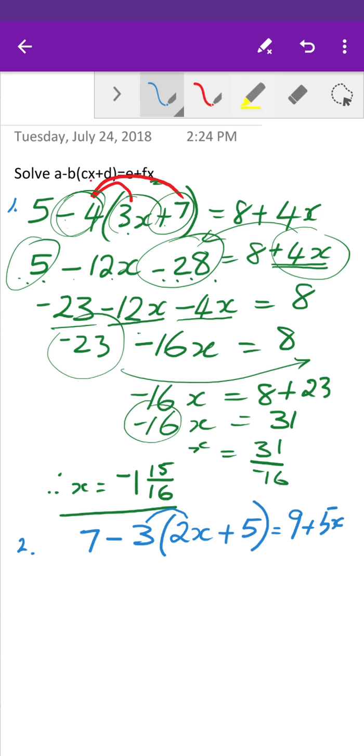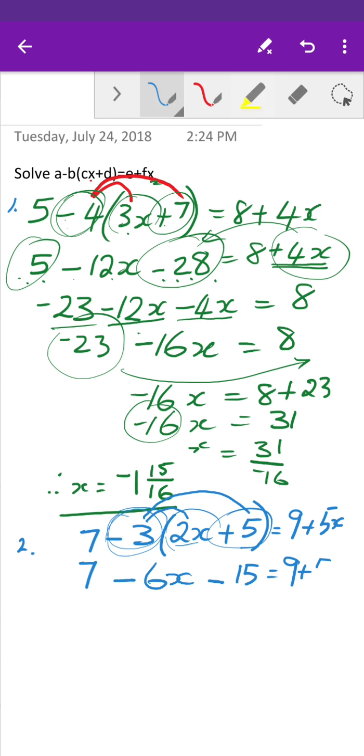We multiply by negative 3, and negative 3 multiplies by both of these. So we've got the 7. Now negative 3 times 2x is negative 6x. And negative 3 times positive 5 is negative 15. And we just leave that as 9 plus 5x.